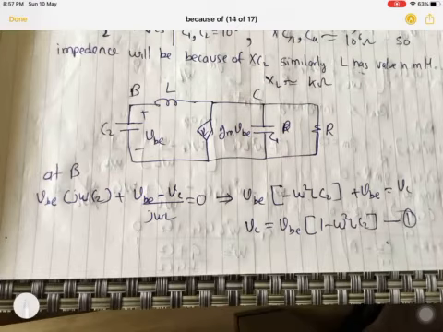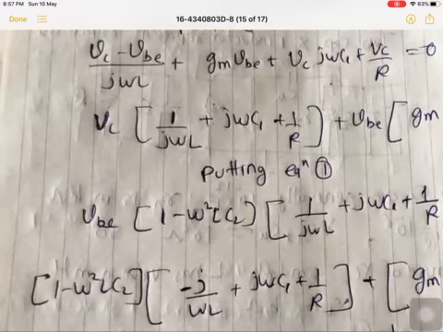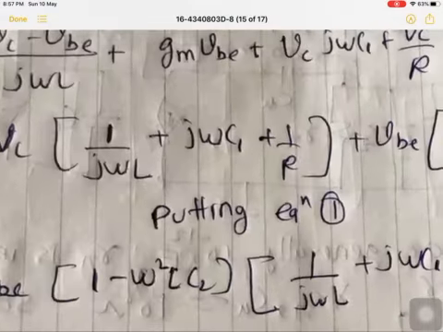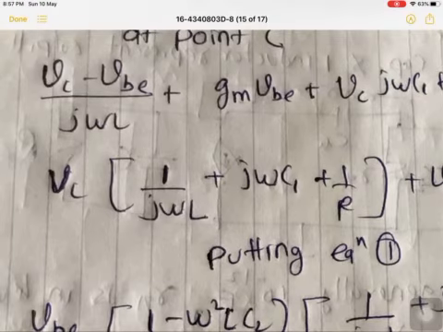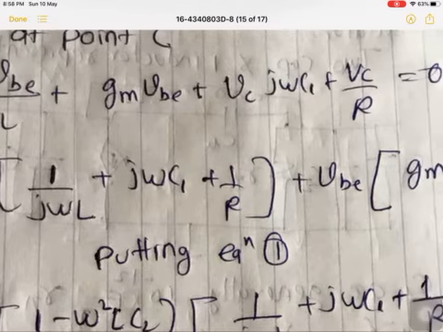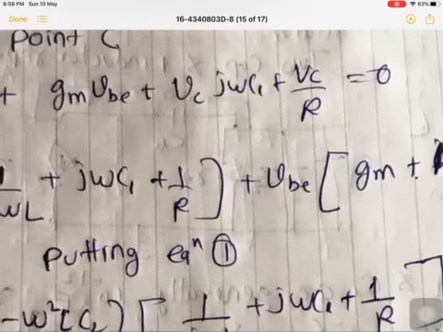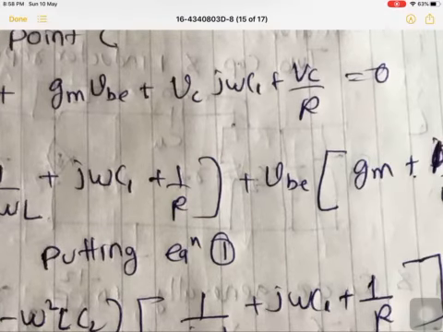So there will be 4 terms. Let me check it. Yes, there are 4 terms. First, because of L, VC minus VB upon j omega L. Then the downward current, that is plus GMVB. Then the current due to the capacitor, VC times j omega C1, and the current due to the resistor, that is plus VC by R.